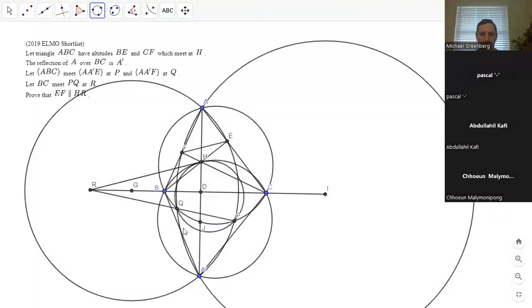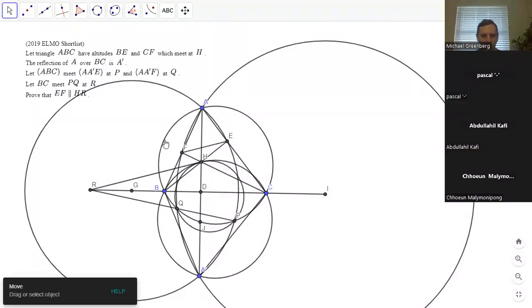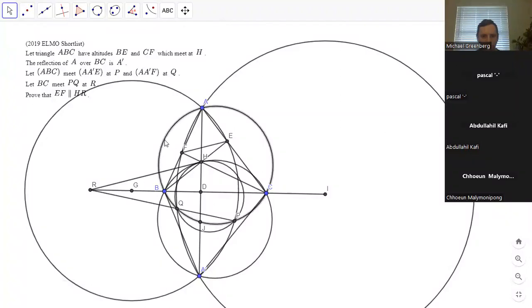And then for this circle, where would it send Q to? Q and P. So this circle, it sends to line EF, I believe, right?